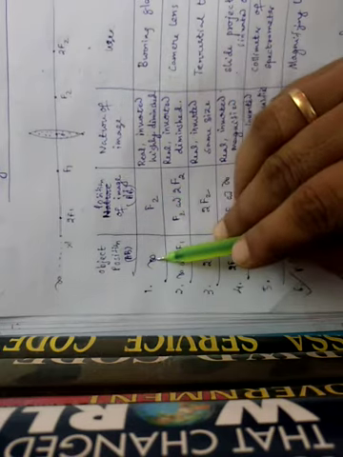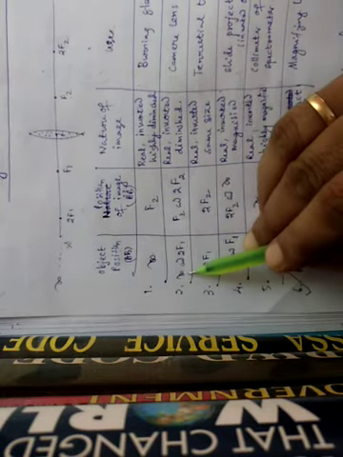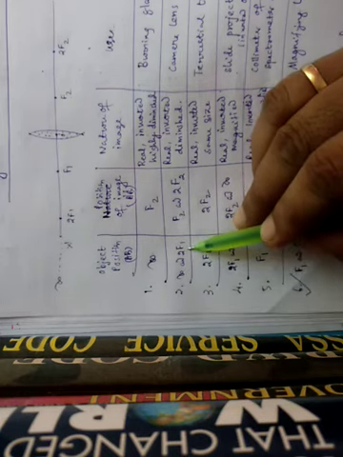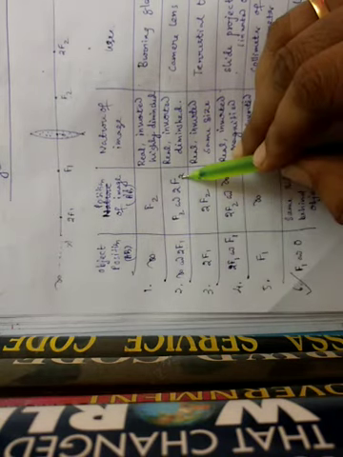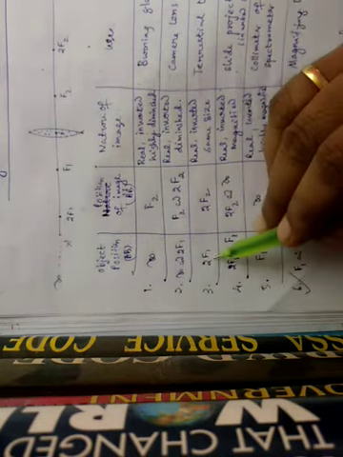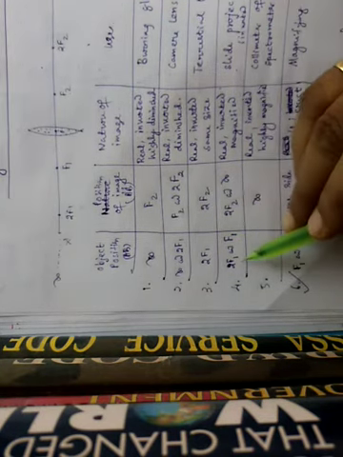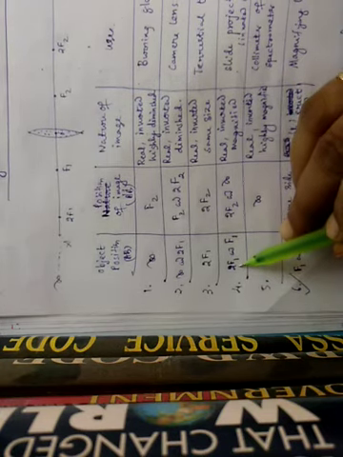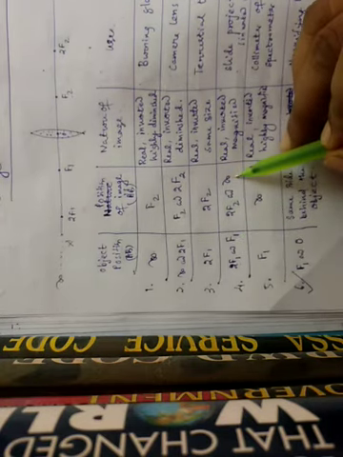You note down: the object is at infinity, the image must be at F2. Here the object is between infinity and 2F1, so the image should be between F2 and 2F2. The object is at 2F1, the image is at 2F2. The object is between 2F1 and F1, so instead of 2F1 I have written 2F2, and for F1 I have written infinity.